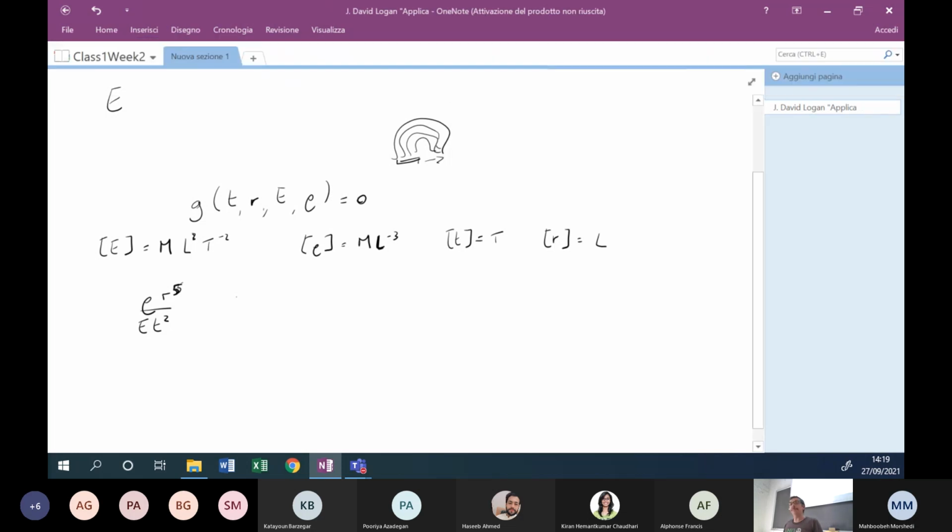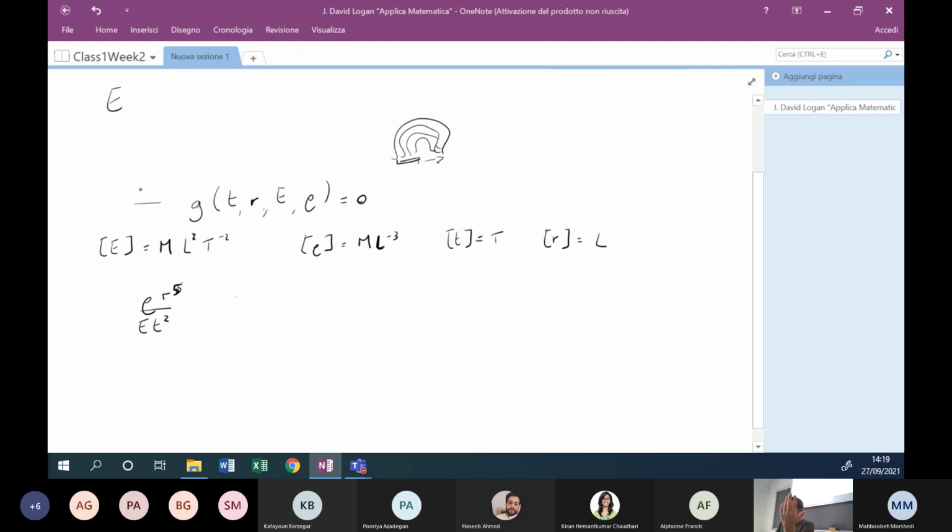Fantastic. And then he applied the Pi theorem, which I was telling you before. Broadly speaking, the idea behind the Pi theorem is that whenever you have a physical phenomenon, this is described by some mathematical equation, which is basically a relation between the different variables of your problem.